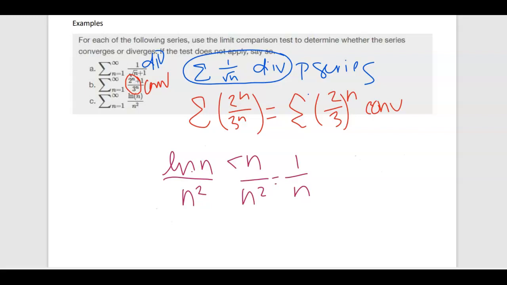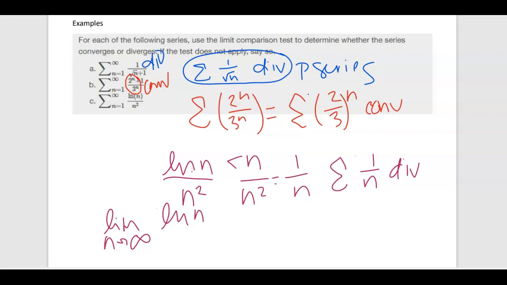So let's look at the limit of natural log of n over n squared, all over 1 over n.